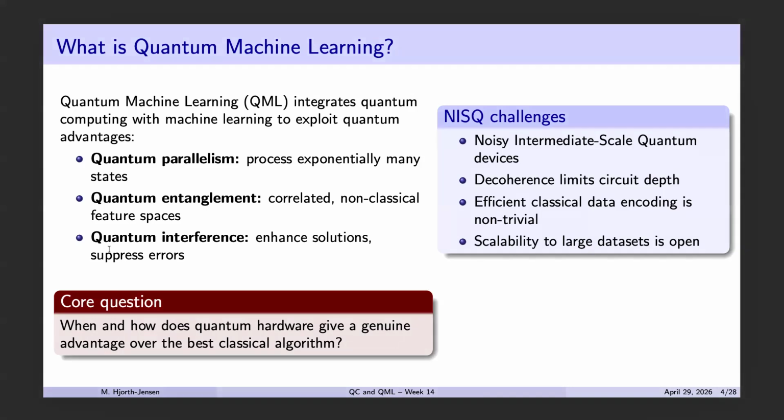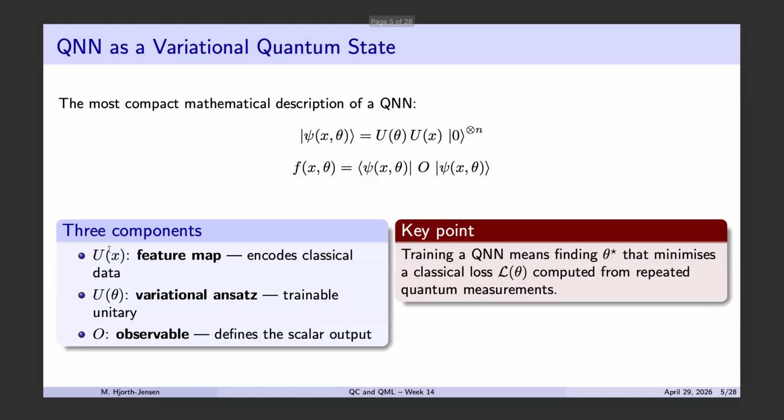So the core question, which is much debated, is when does quantum hardware give a genuine advantage over the best classical algorithms? That's a topic which is debated again and again.